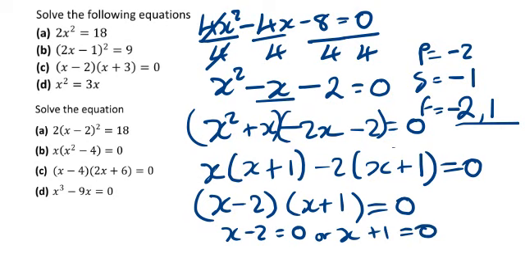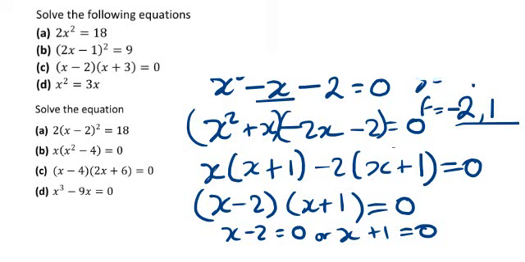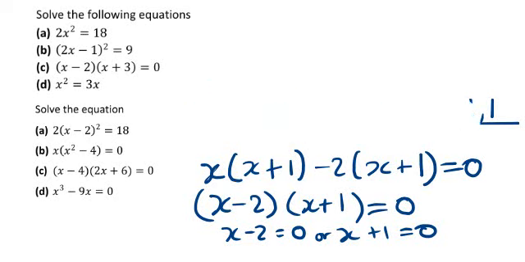Now when you reach that point, here we are going to add the opposite of negative 2, which is positive 2. So we are just going to say plus 2. Here we are going to subtract negative 1. So when we add here, we also add there, we also subtract there.